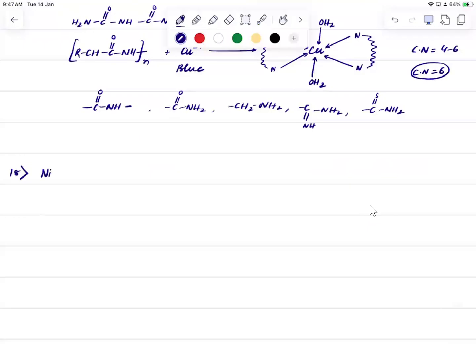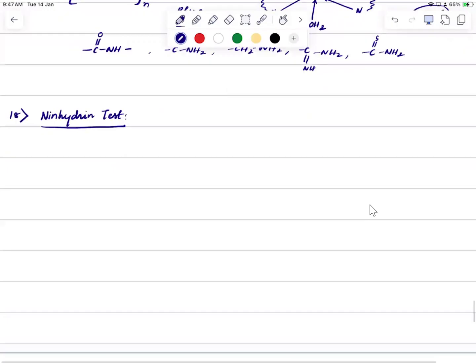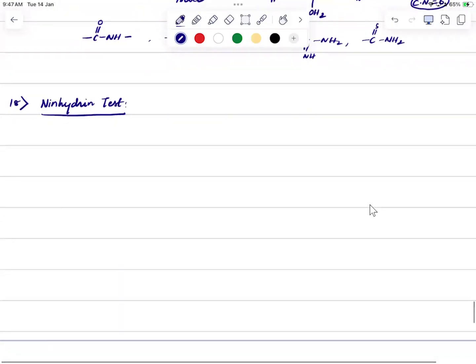The 18th one, which is most important in this section, is the Ninhydrin test. Okay, for Ninhydrin, basically you are using any amino acid or protein which has at least an NH2 group. That's it. That means it could be a basic amino acid or a protein or a polypeptide, anything.